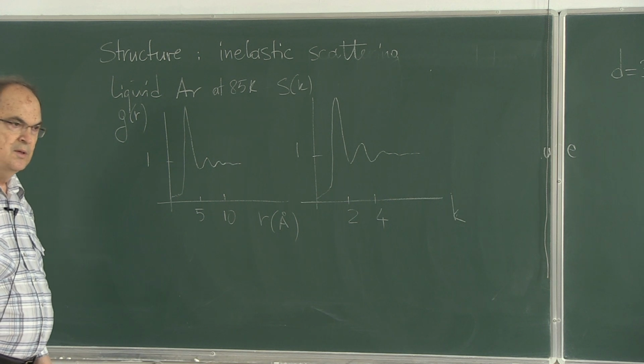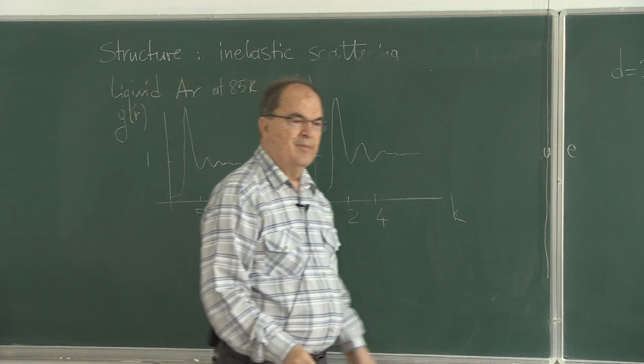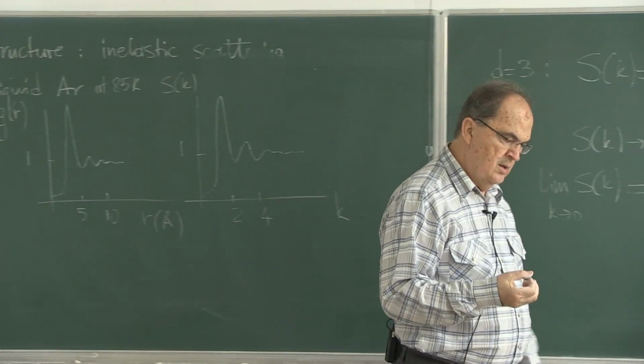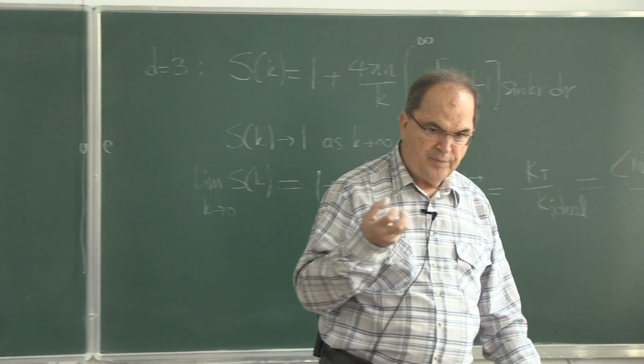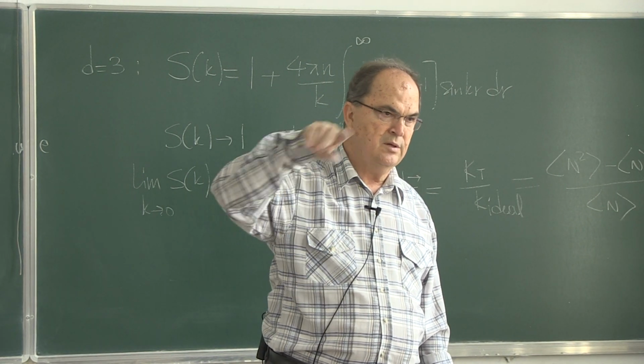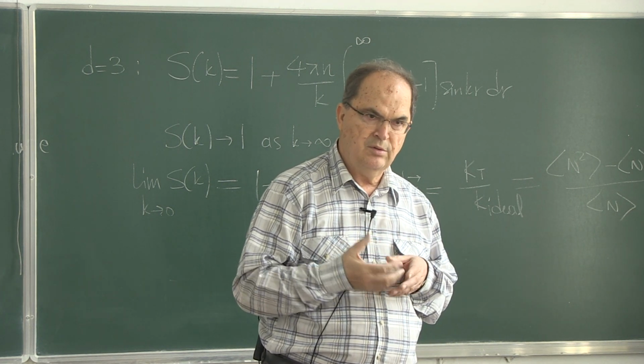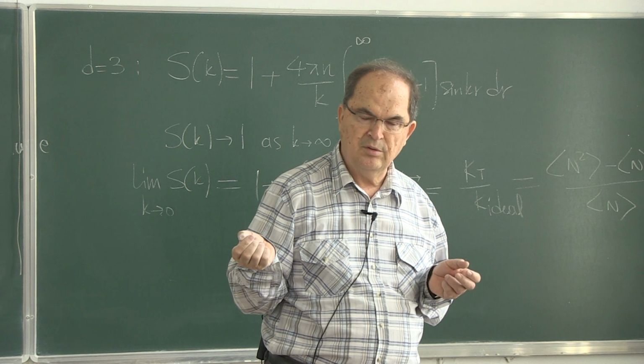Isn't it? Why is this broadened? Because in a perfect order, we know what the next nearest neighbors are. Nearest neighbor positions we know, next nearest neighbor positions we know.